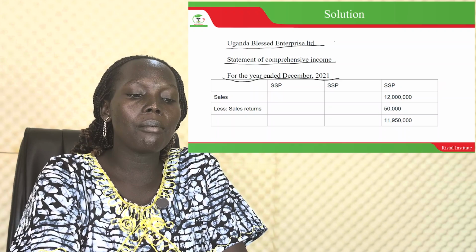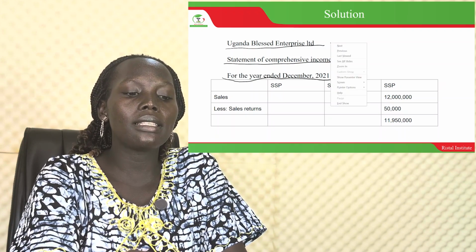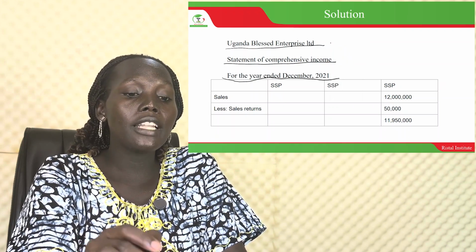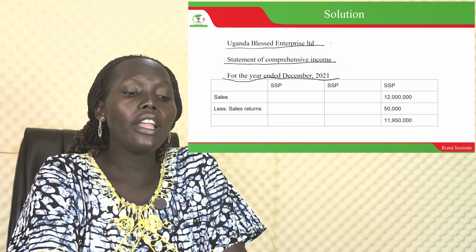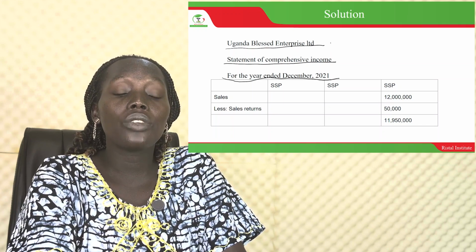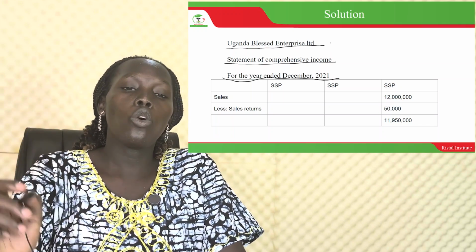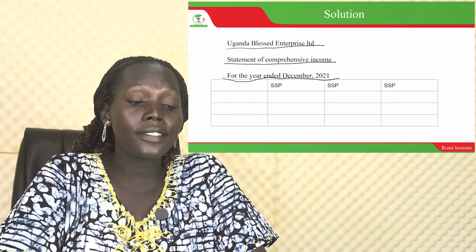So the name of the company is Uganda Blessed Enterprise Limited, then the statement of comprehensive income for the year ended December 2021.